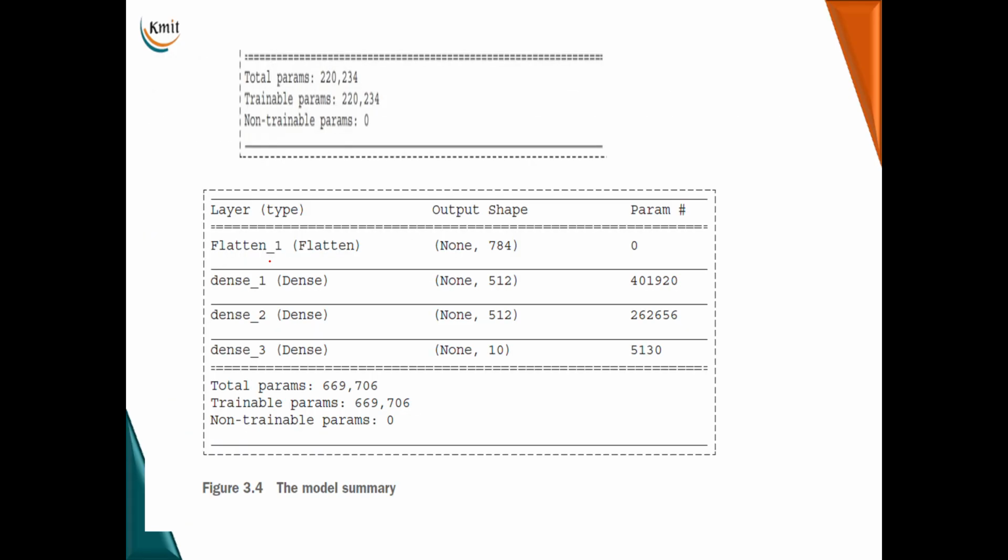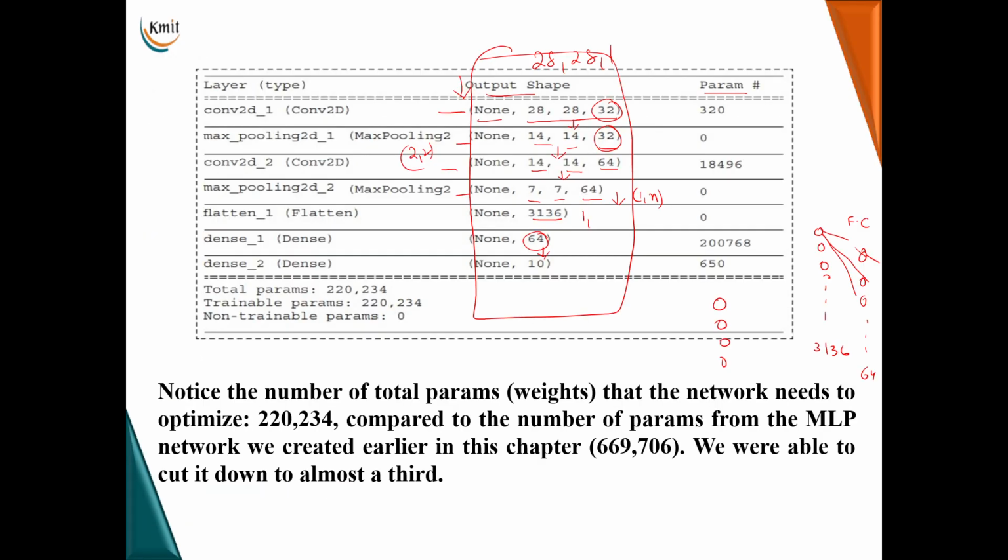Applying this formula in this table, how did I get 320 here? I have the number of filters, and I am using 32 filters.